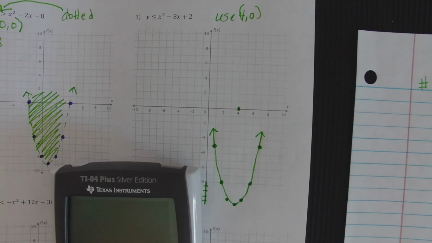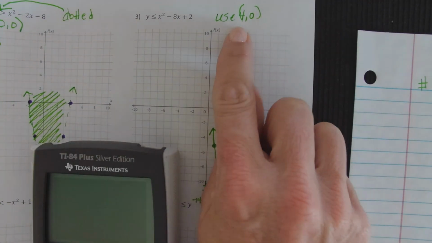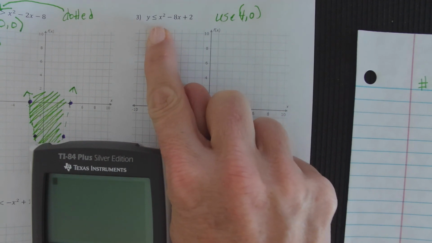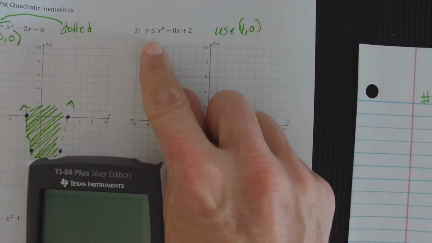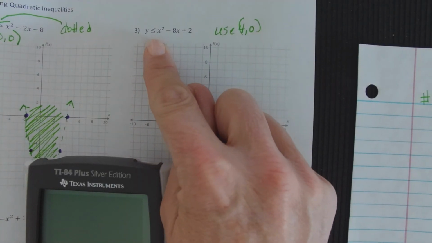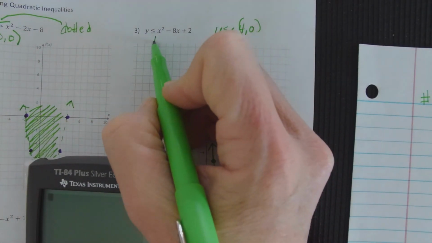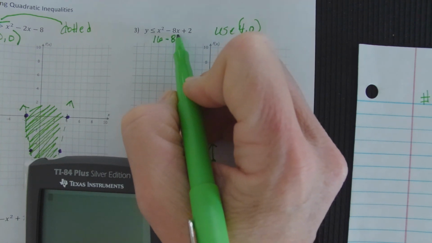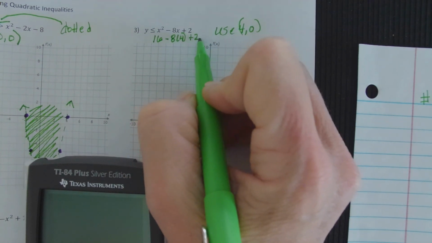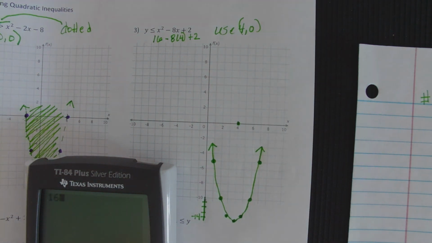All right, so we're going to plug in 4 for x. 4 squared is what? 16. 16 minus, what's 8 times 4? 32. Okay, so here we go. 16 minus 32 plus 2. Bam. Negative 14.